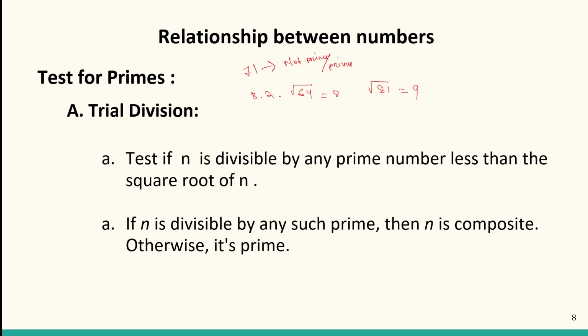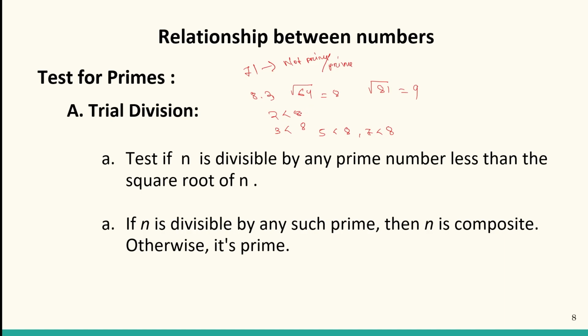So this is in between them, around 8.2 or 8.3. So we test by all the prime numbers that are less than 8. 1 is not a prime number, 2 is less than 8, 3 is less than 8, 5 is less than 8, and 7 is less than 8.